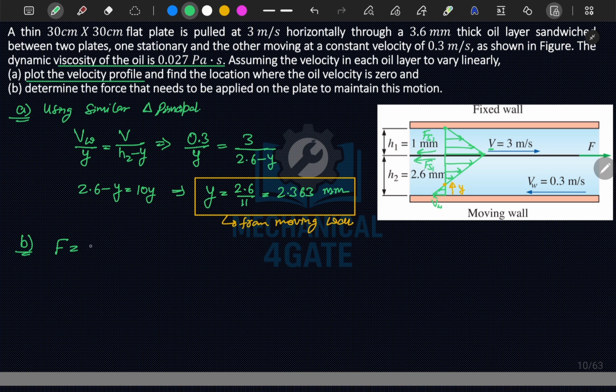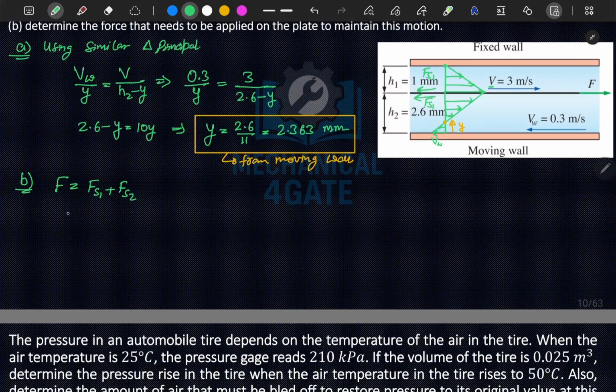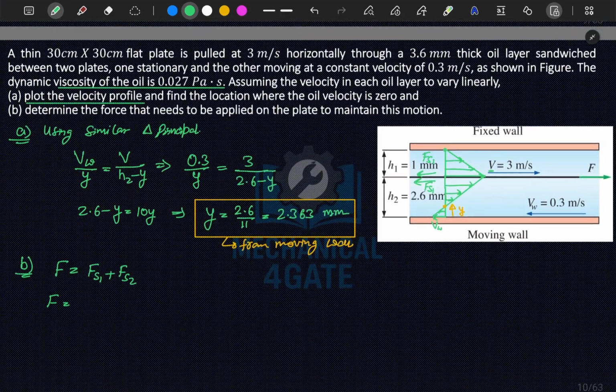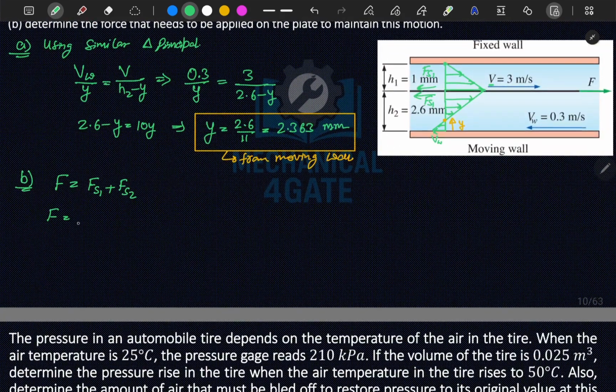For Fs1, I can write mu times V divided by H, where mu1 is equal to mu2 is equal to 0.027, and this H is H1.